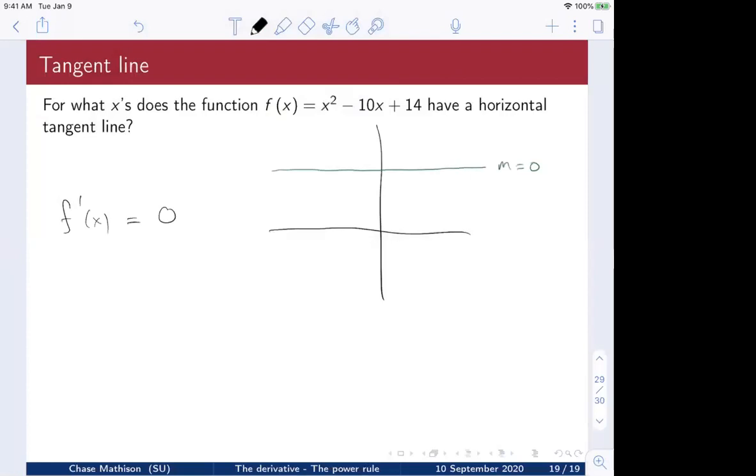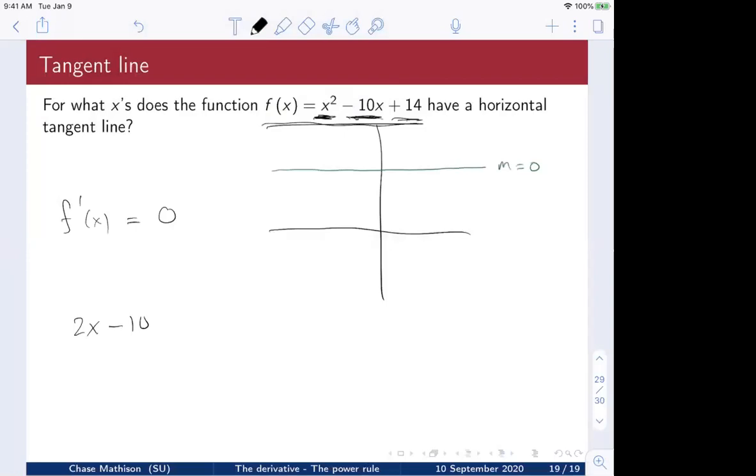So what is f prime of x for us? Well, I can just take the derivative piece by piece, right? When I'm adding stuff. So what's the derivative of x squared? 2x. What's the derivative of minus 10x? Minus 10. What's the derivative of plus 14? 0.